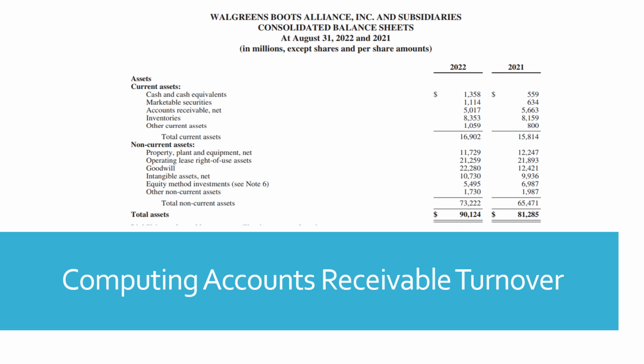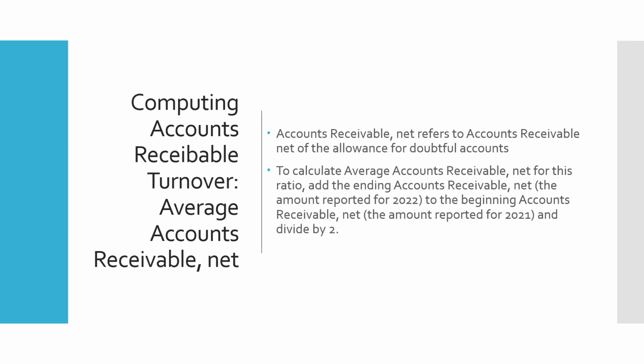We also have a partial balance sheet where we can pick up the accounts receivable, net amounts for 2022 and 2023 that we will use to calculate average accounts receivable, net. Accounts receivable, net refers to accounts receivable net of the allowance for doubtful accounts.